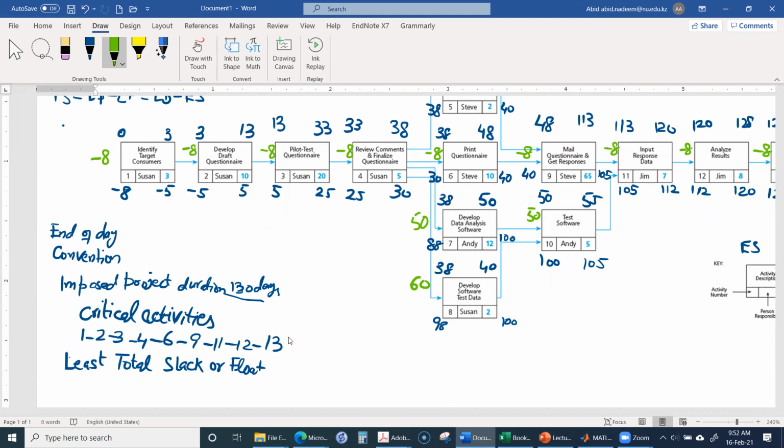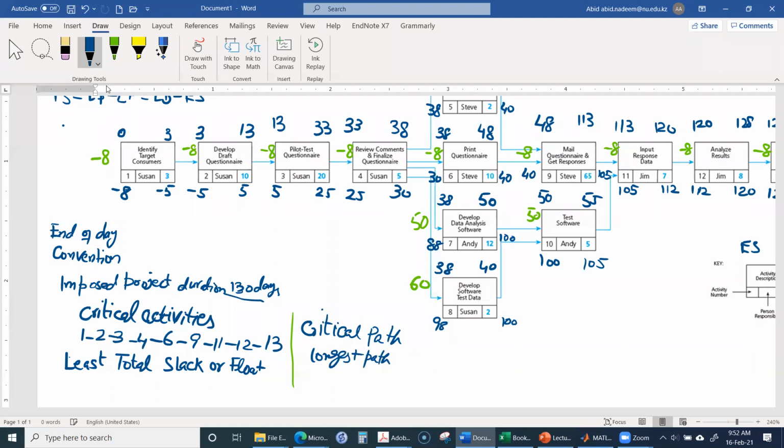That means if you take all the paths in the network and add the duration of the activities along those paths, the longest of those calculations will be the duration of the project itself, and that path will be called the critical path.